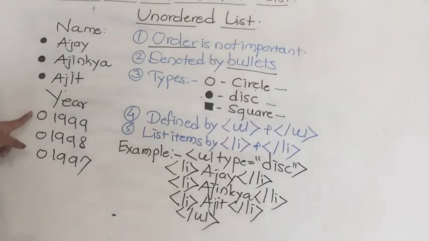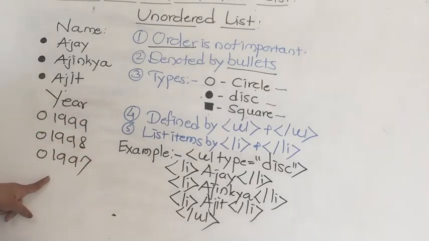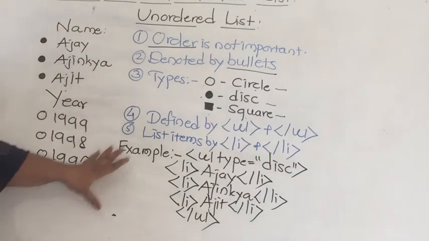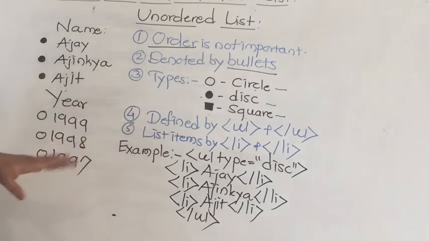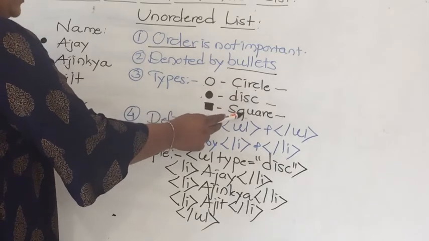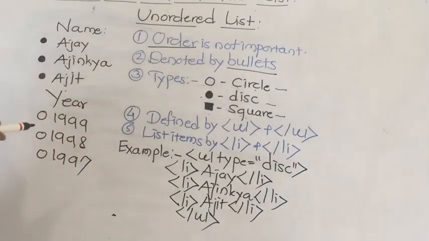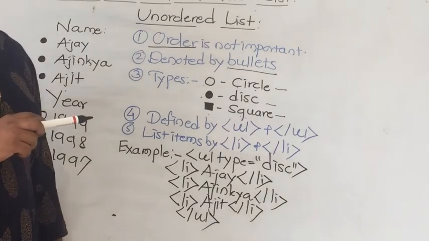So UL type is circle, li 1999 /li, li 1998 /li, li 1997 /li, and then close it with /ul. So unordered list is defined by these three types. That means the bullets are used to define. First type is circle, second one is disk, and third one is square. So here your ordered list and unordered list is over.